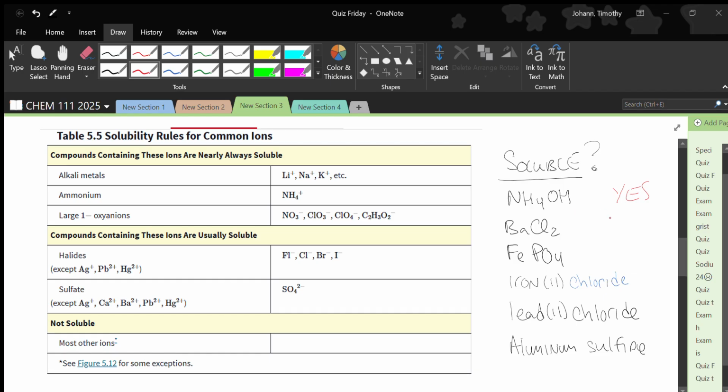Okay, so barium chloride is soluble, yes, because chlorides are usually soluble unless you've got one of these exceptions. Okay, does that make sense? Go ahead and work down the next couple, or the rest if you need, if that's where you are. Call me over if you have questions.